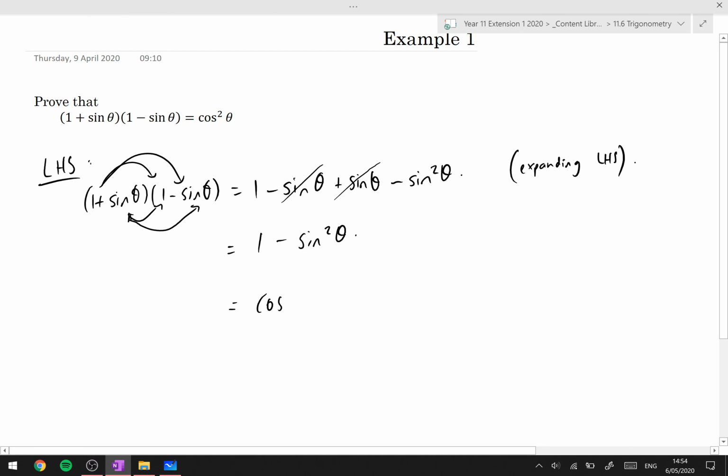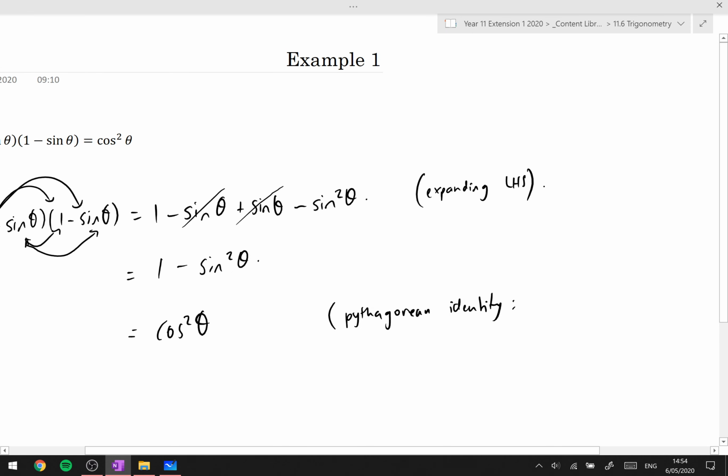However, if I was then to do something like that, because I know that this statement is true, we need to justify why we can do this step. So we can do this step because I know that the Pythagorean identity is cos squared theta plus sine squared theta is equal to 1.